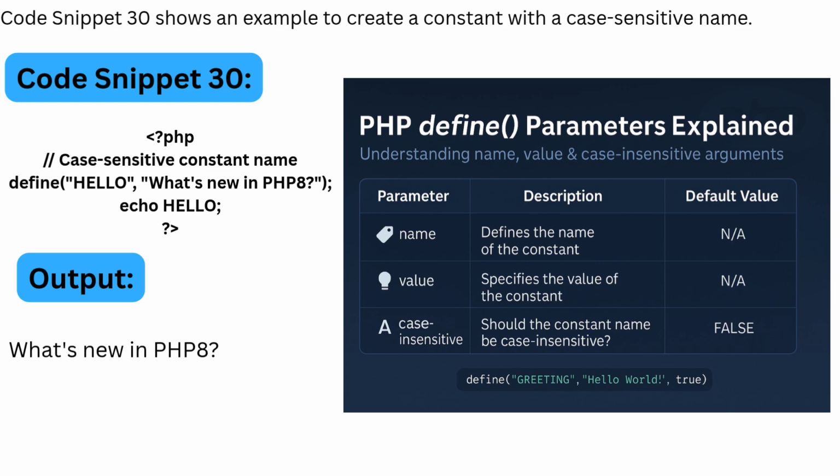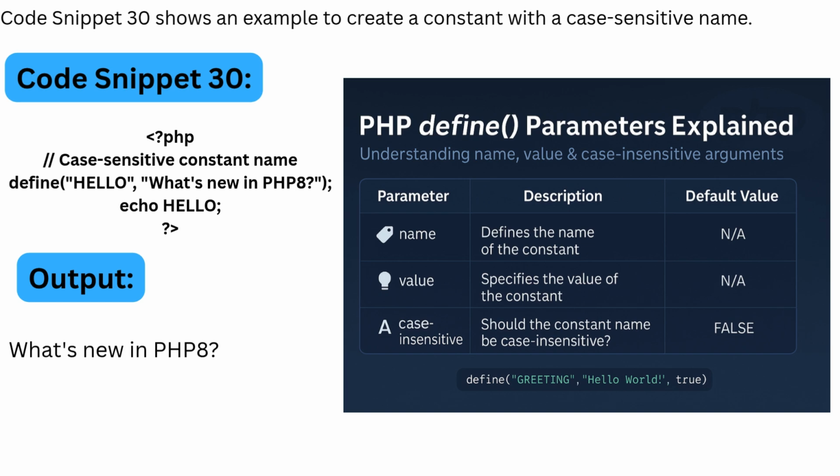Here, the first line defines a constant named HELLO. Notice that the constant name is written in all uppercase letters. This is a common convention when naming constants in PHP, as it helps differentiate them from variables. The second parameter inside the define function is the value of the constant, which in this case is the string What's new in PHP 8?